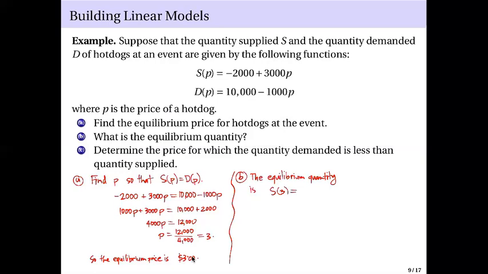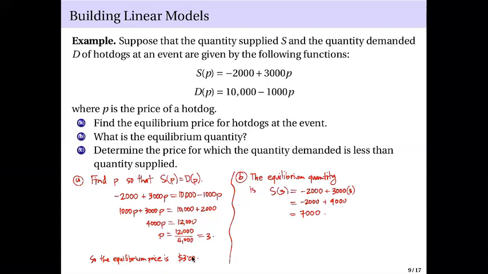This is equal to minus 2,000 plus 3,000 times 3. But this is equal to what? Minus 2,000 plus 9,000, and this is equal to 7,000.